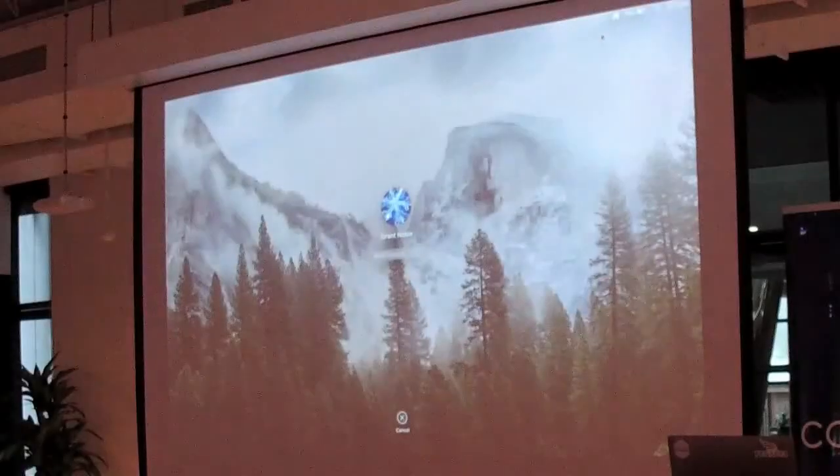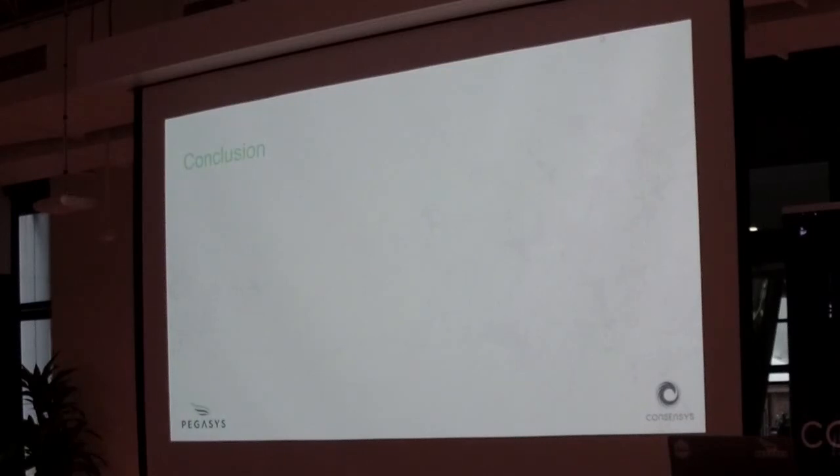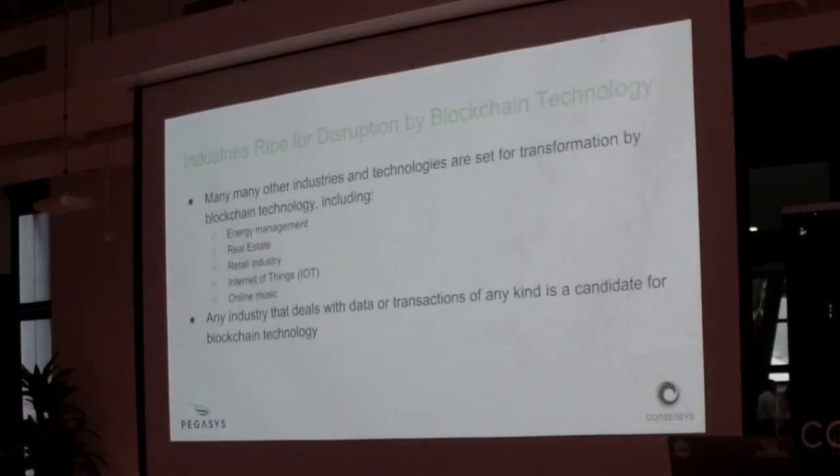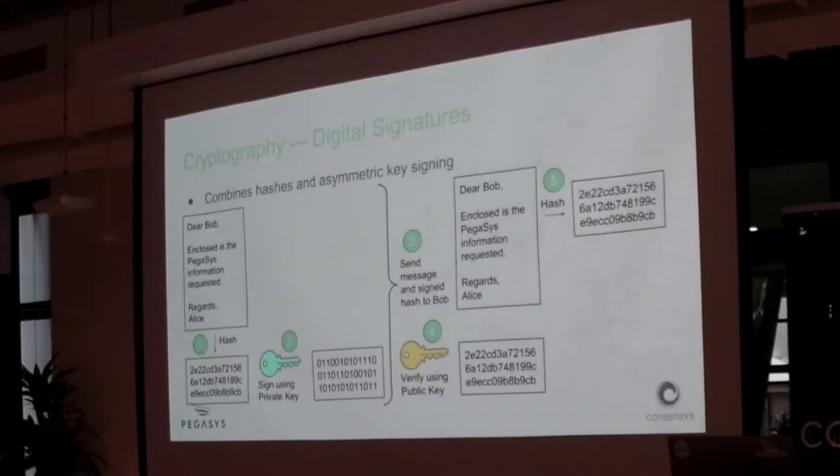So I think what you're saying is, how does the connection between these keys, cryptography, and blockchain work, and why is this better than whatever we've got at the moment?